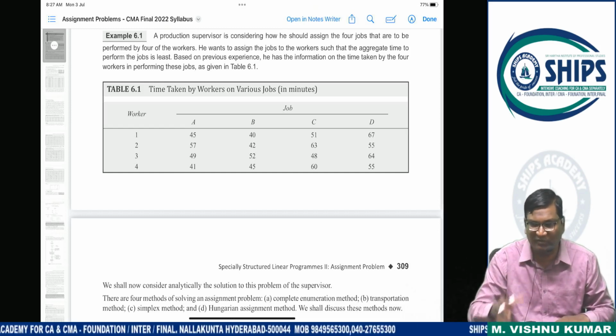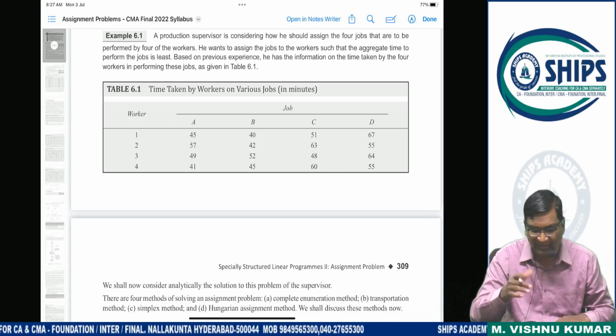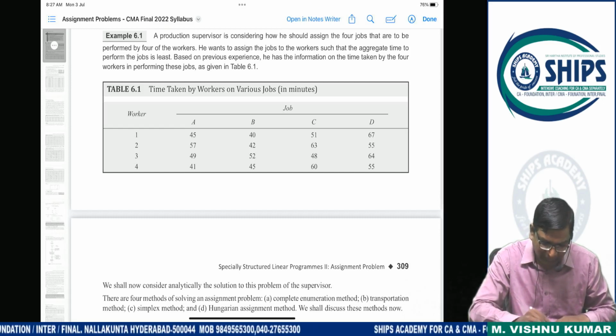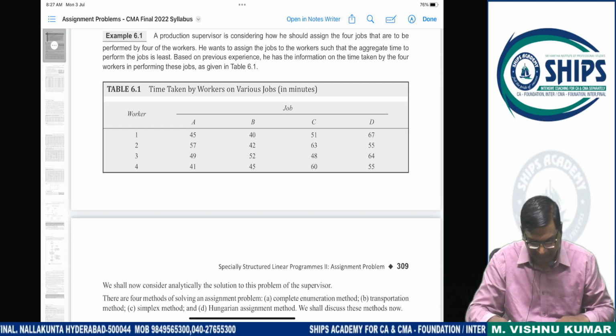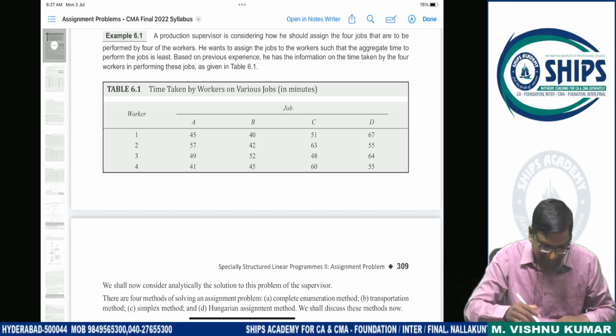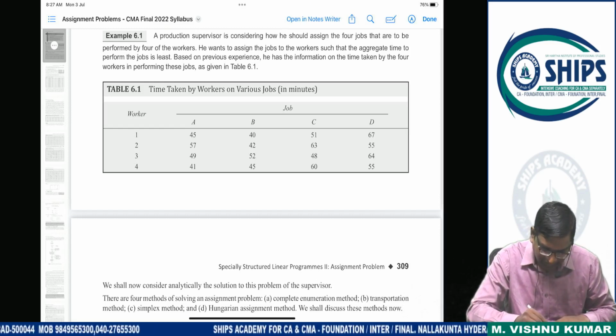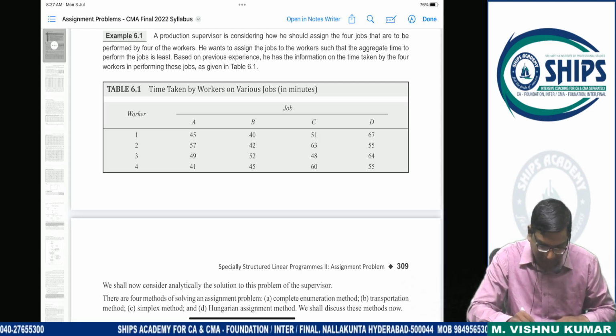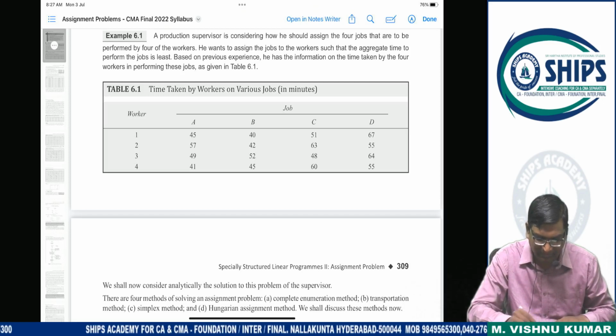So the combination is what? 1:1 required, or not? So once job B is given to worker 1, it should not be given to other workers. Similarly, the second worker, if he is doing job B, takes less time, but he cannot get job B because it is already given to worker 1.